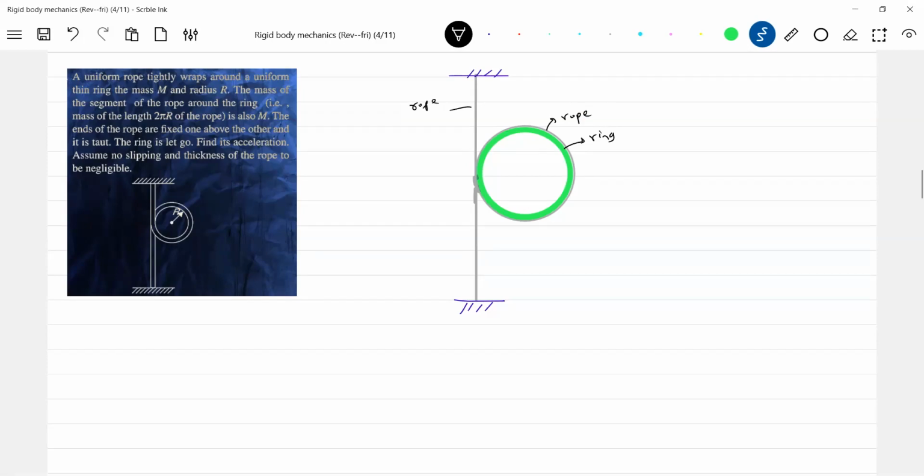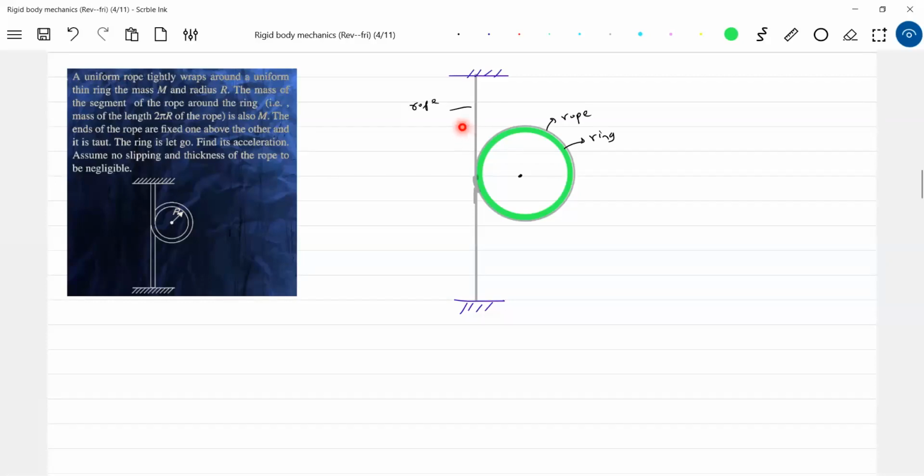The rope that is wound on the ring will have a mass m, and the ring is having a mass m. Now what will happen to this? This will start falling, no? Okay, can you say anything about the rope? What is the state of the rope?